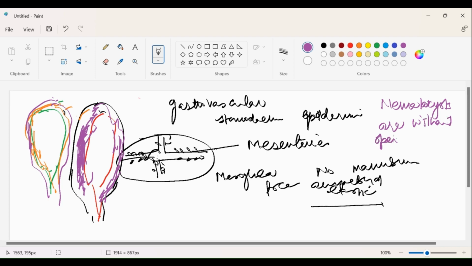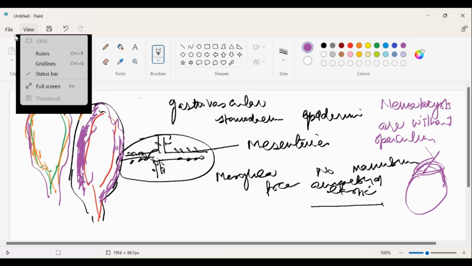I think you remember the operculum from my last lecture on nematocysts. Wherever the nematocysts were present in the previous types, they had an operculum. This operculum is missing here in anthozoans. Gonads are endodermal, similar to Scyphozoa. Gametes are shed in the cavity from where they escape out.